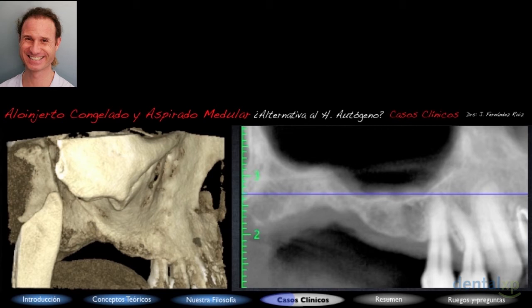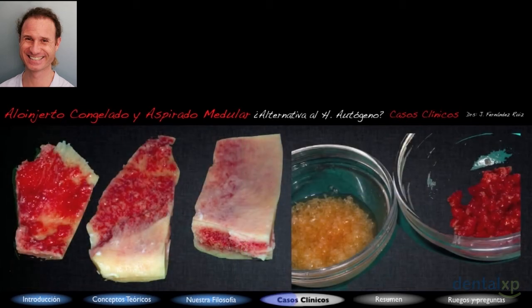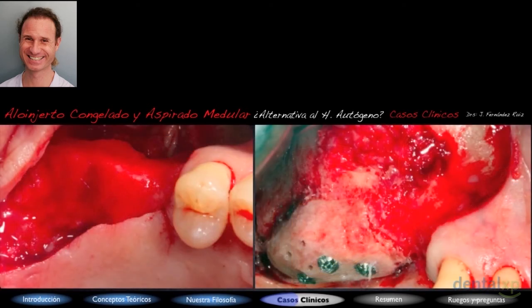So we use allogenic bone graft with the medullary aspiration, and we will decorticate this bone and use the medullary portion of the bone to place it on the sinus grafting. If you can see on the left side picture, I have respected the papilla so I don't lose any of the height of the tissue.